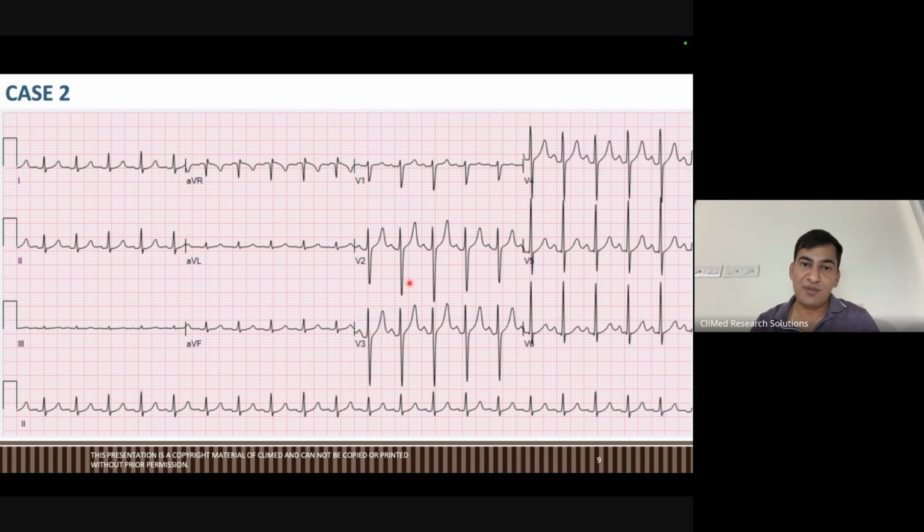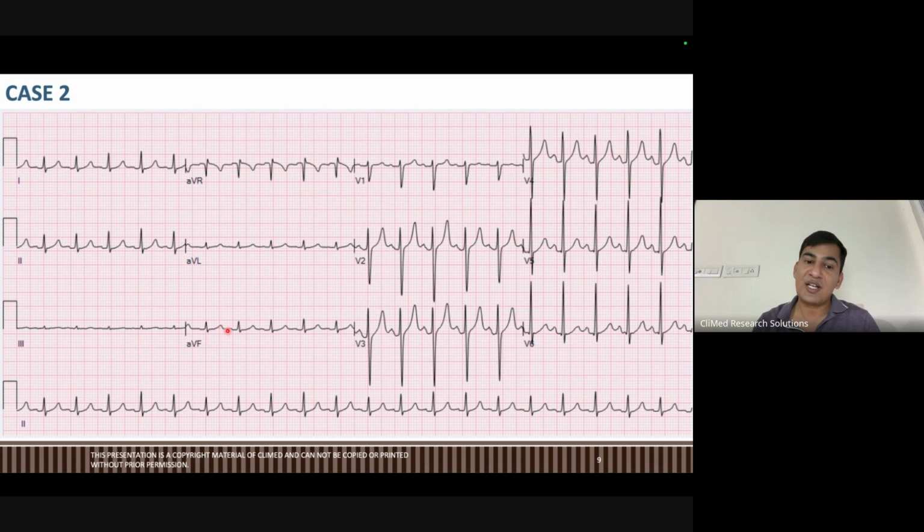In atrial flutter or atrial fibrillation, it will be absent everywhere. Here it is just not visible because of the low voltage, but it is there.